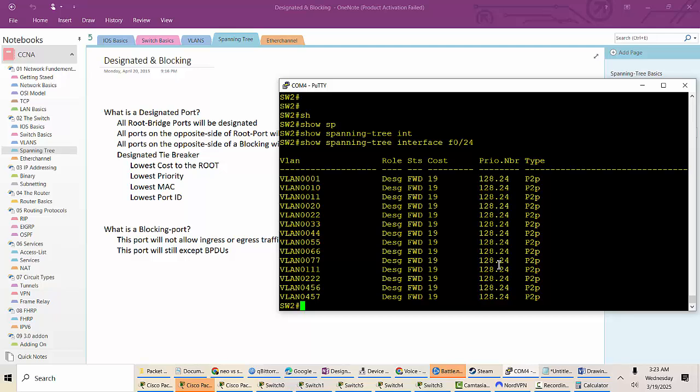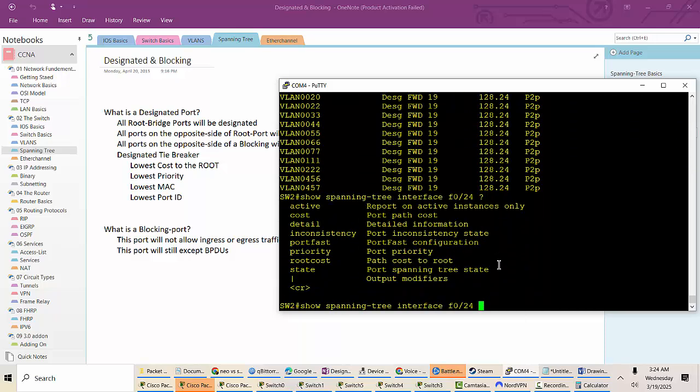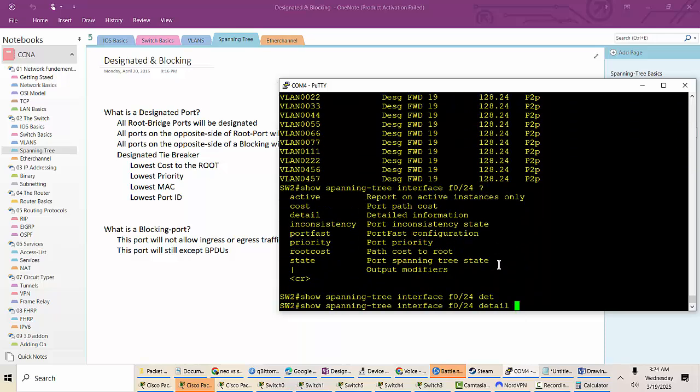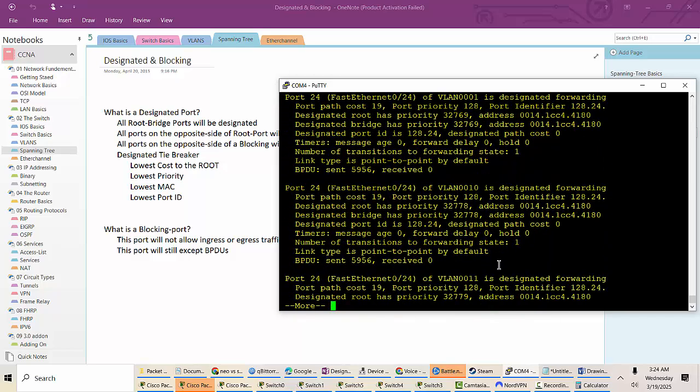On this particular switch port, looking at spanning tree, I have all these VLANs going on that particular port, because remember, this is a per-VLAN scenario. But what if we look at the detailed information? Interesting.